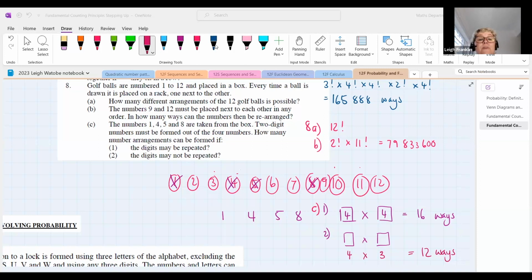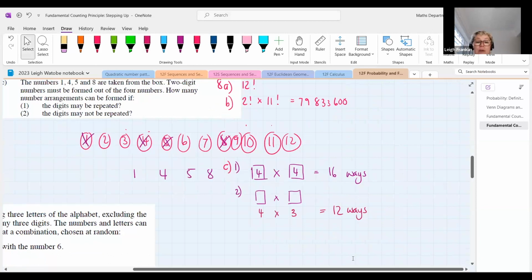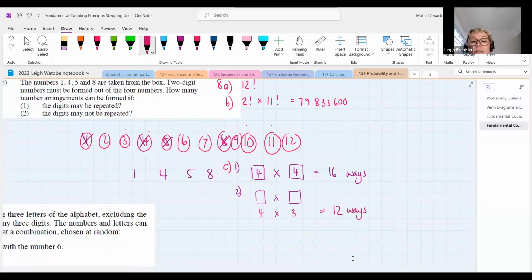We can use the factorial notation. I don't know if you remember us doing that the other day, but we can do that. If we say 4 factorial in the first instance, and we want 4 by 3, 4 factorial means 4 by 3 by 2 by 1.